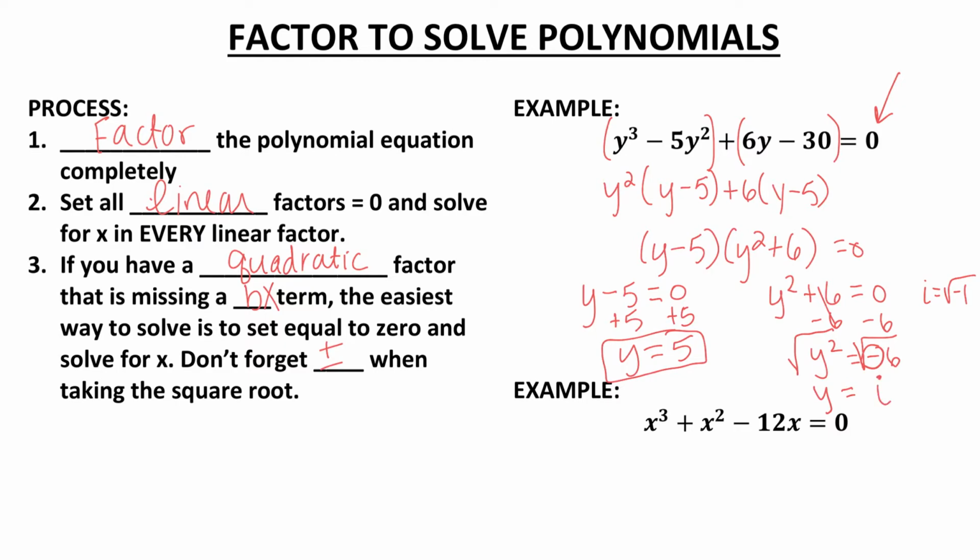And then you have the square root of 6, which does not simplify, so you would just leave it like that. And then don't forget to put your plus or minus out front. So you actually have 3 solutions. You have positive i square root 6 and negative i square root 6, and you have y equal to 5. So those are your solutions.